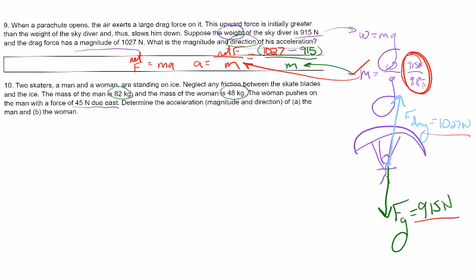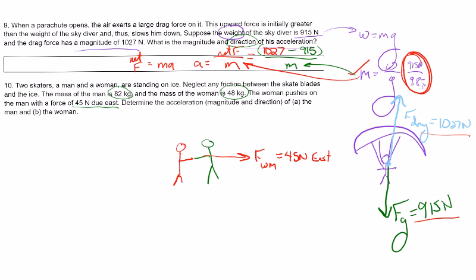Okay? So let's draw the man here. And then we'll just draw the woman over here, also pushing like that. So she is pushing on the man with a force of, so this is the woman on the man, that's 45 newtons east.